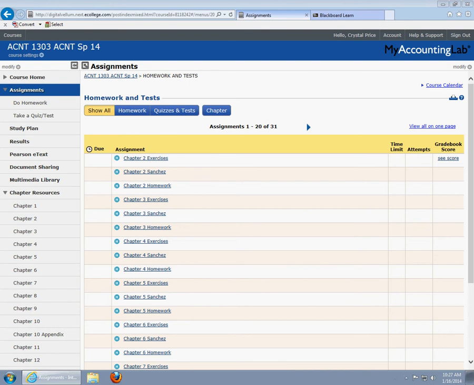There is something called a compound transaction where you may have 3 or 4 or 5 accounts involved, and once you get them all recorded, the debits must equal the credits. If that's true, then your accounting equation will work.